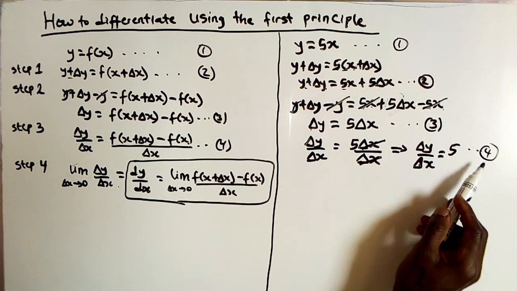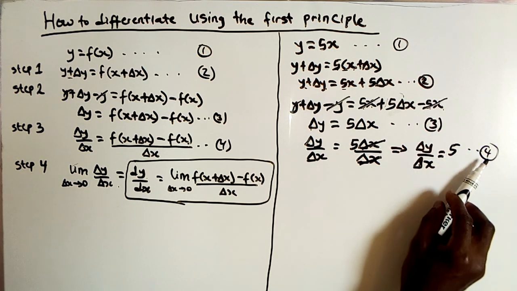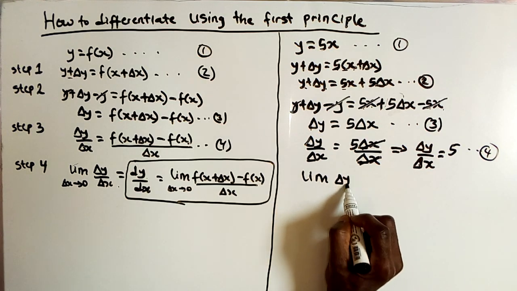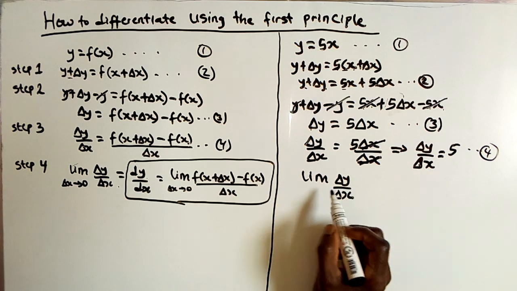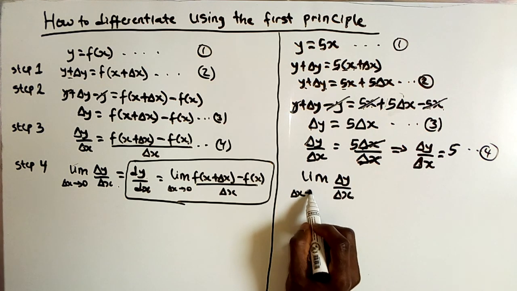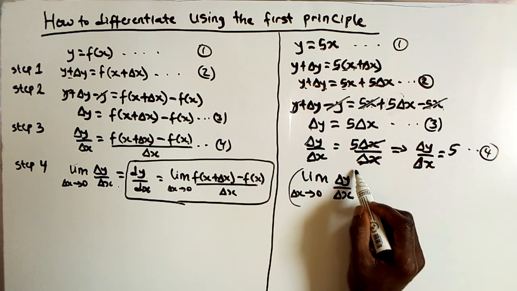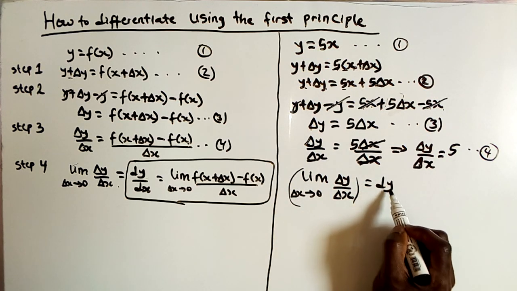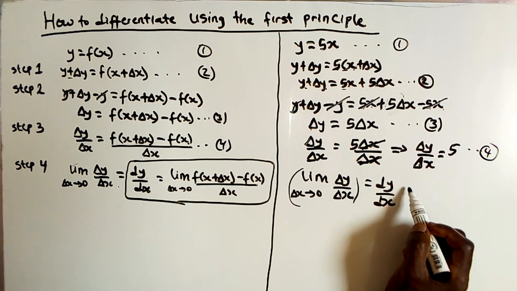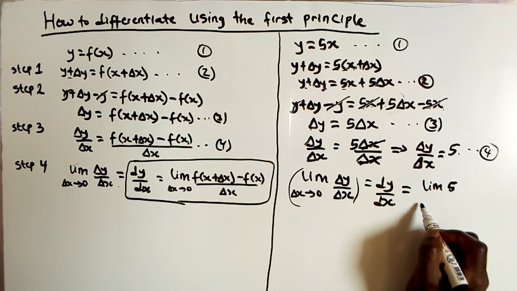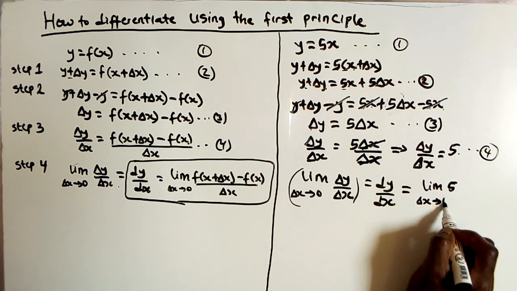So take the limit of equation 4. Now if we take the limit of this, it's going to give us the limit of change in y over change in s as change in s tends to 0. And we said that this will give us our dy ds is equal to the limit of the other side now, the limit of 5 as change in s tends to 0.